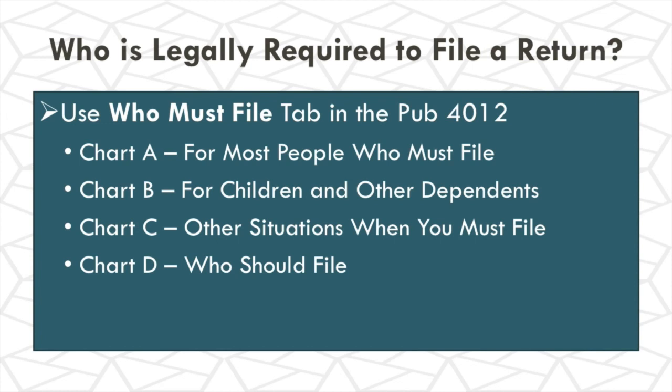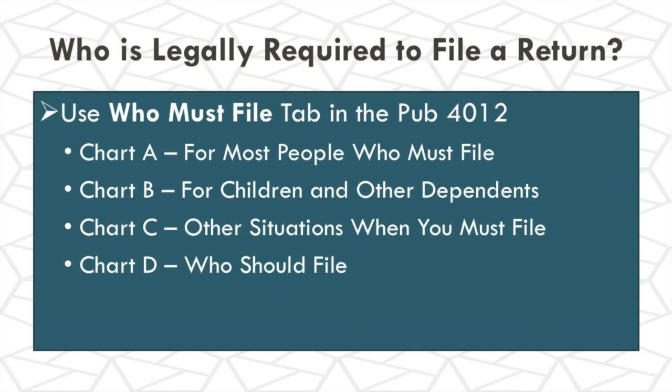In 2014, the amount was $6,100. So if a dependent had an amount greater than $6,100, they were required to file. Notice how this amount is much lower than the single threshold amount. So even though the dependent is single and had less than the amount on Chart A, by looking at Chart B they may still be legally required to file a return.